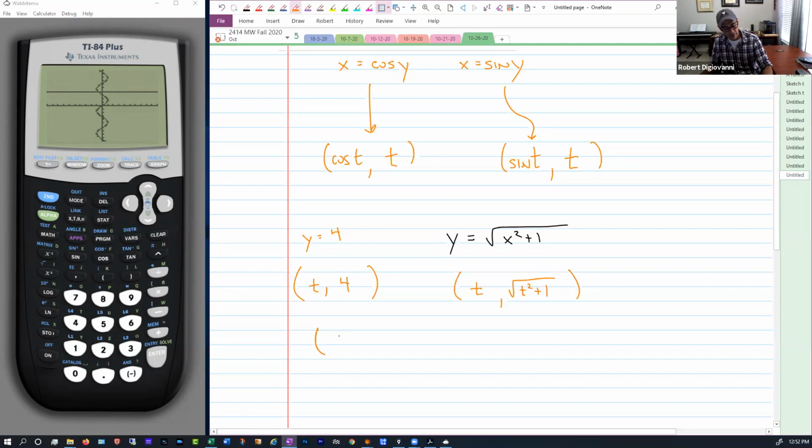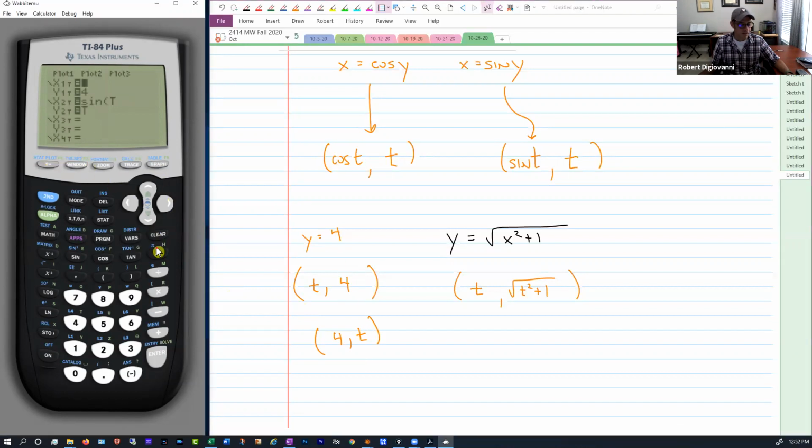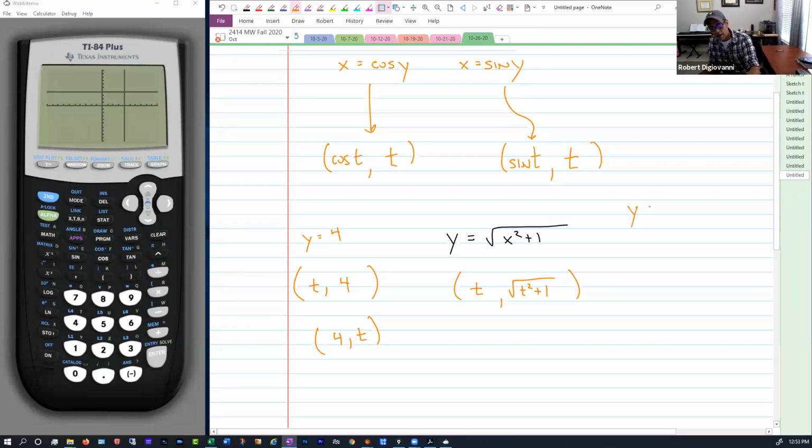What would happen if I did this? 4, t. Wouldn't that give you, if I go 4 here this time and leave the y as t, graph, a vertical line, right? What if you want to graph the line y equals 3x plus 1? Then you're going to go t, 3t plus 1. Make sense?